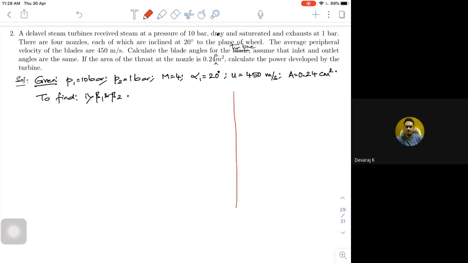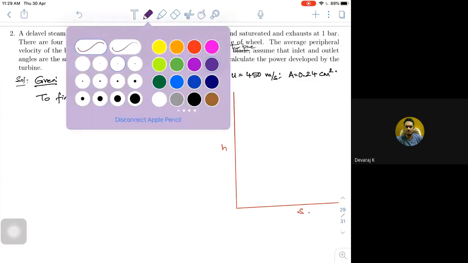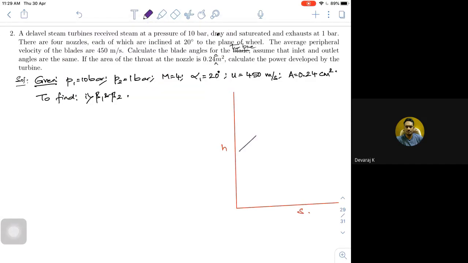This is your HS diagram. You have to identify the pressure line of 10 bar and the pressure line of 1 bar. So this is P1 is equal to 10 bar, and this is P2 is equal to 1 bar.